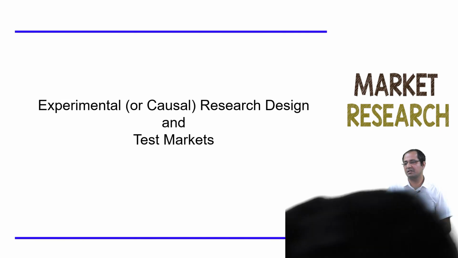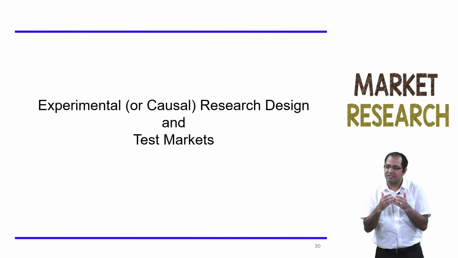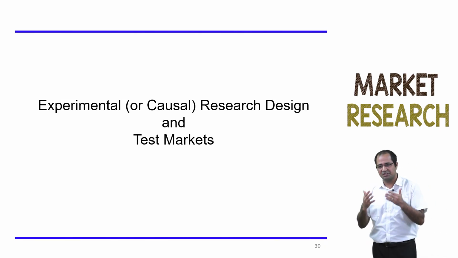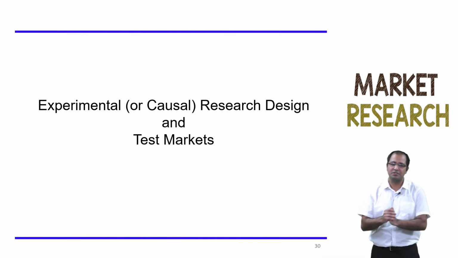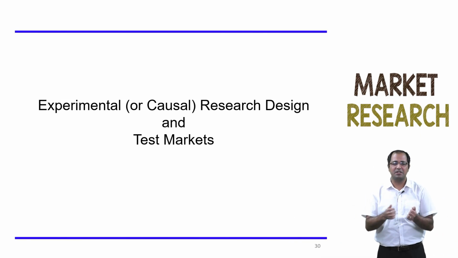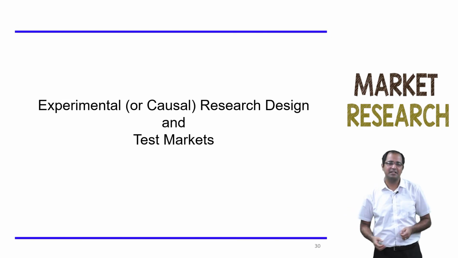Today we are going to learn about the causal research design. So far we have discussed step number 1 and step number 2 of the market research process. We are on research design. In research design, we got to know about exploratory, descriptive, and today we are going to discuss the causal research design.